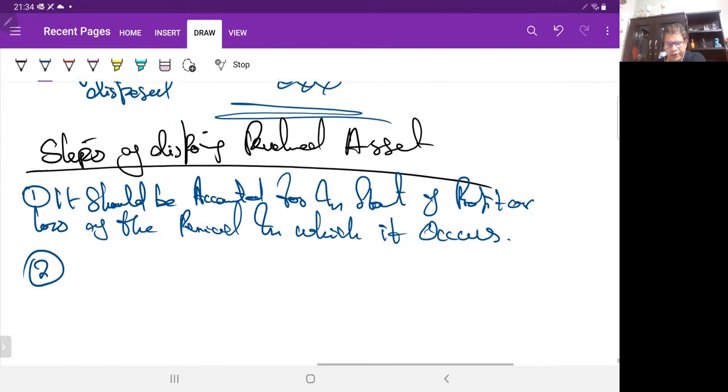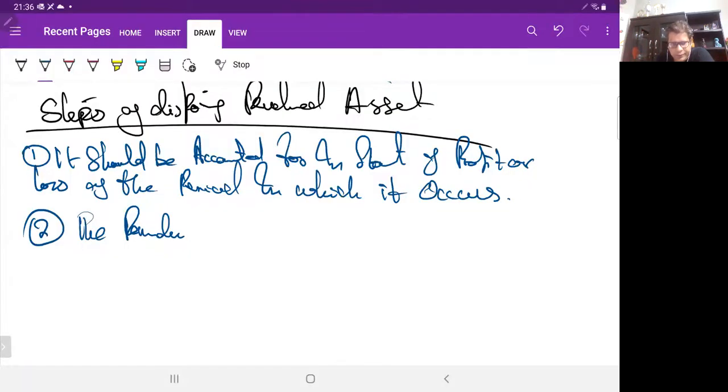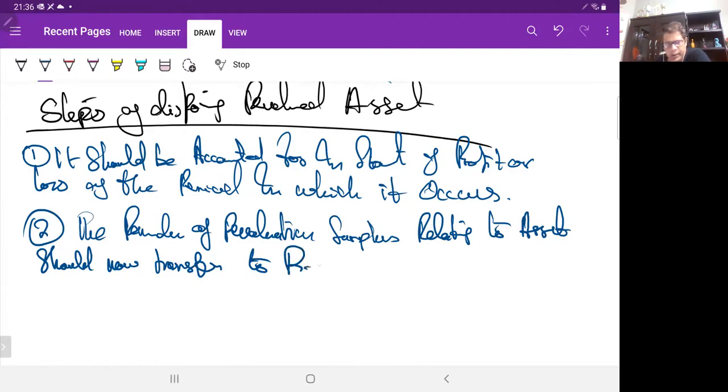Number two, the remainder of the revaluation surplus relating to this asset should now be transferred to retained earnings, right?